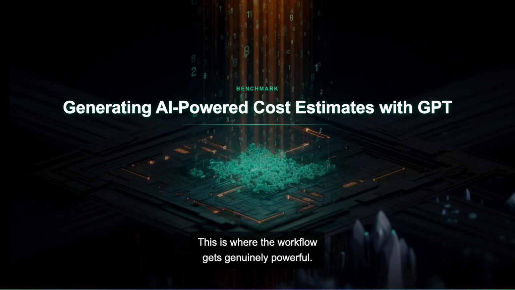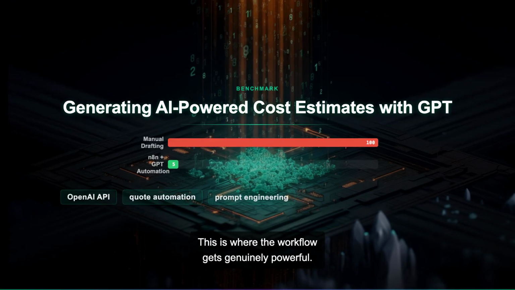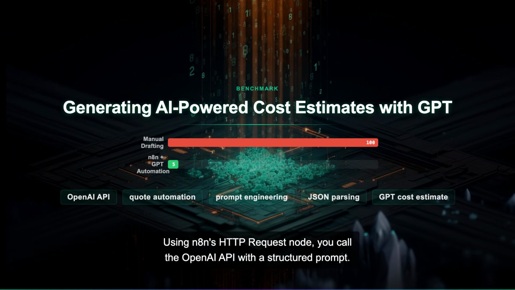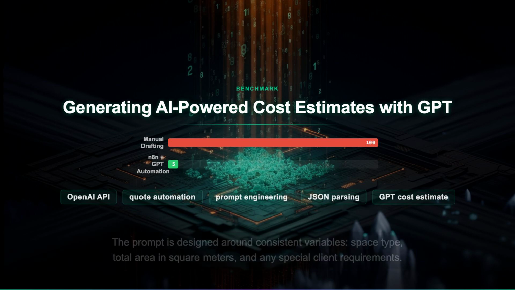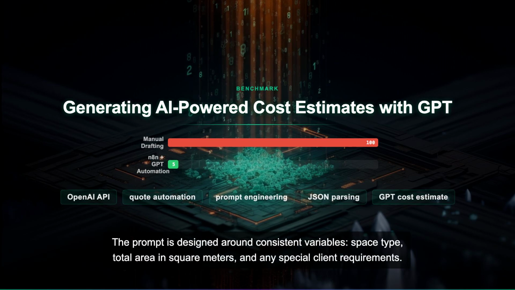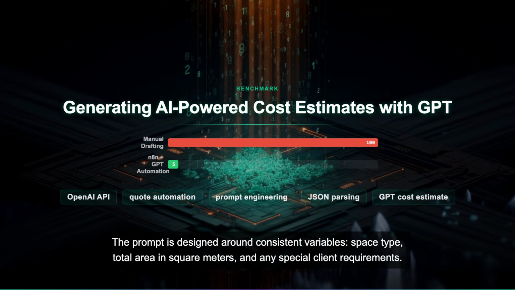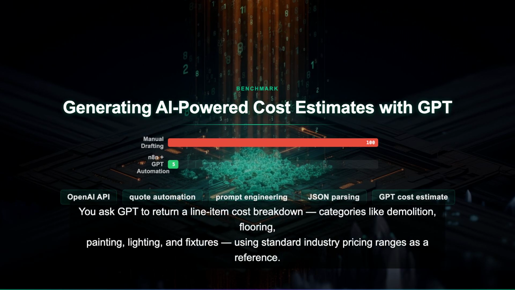This is where the workflow gets genuinely powerful. Using n8n's HTTP request node, you call the OpenAI API with a structured prompt. The prompt is designed around consistent variables: space type, total area in square meters, and any special client requirements.